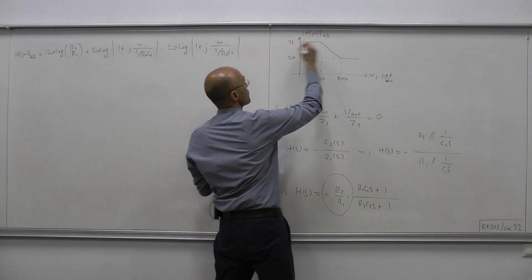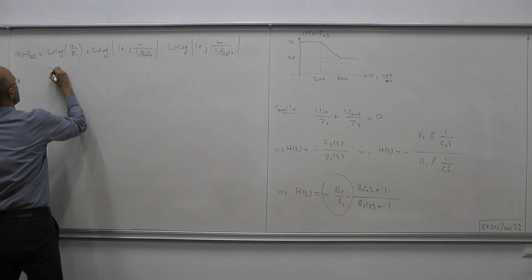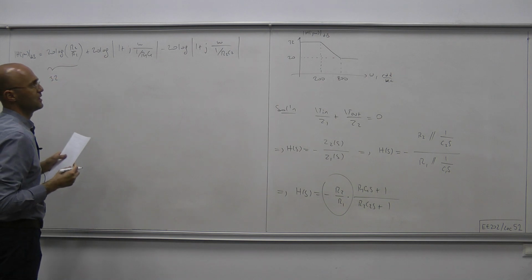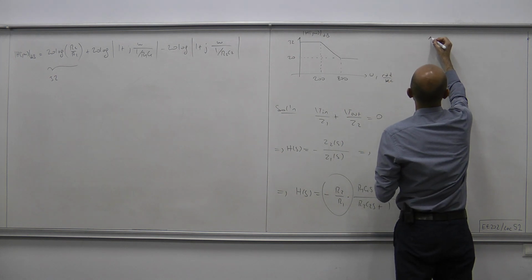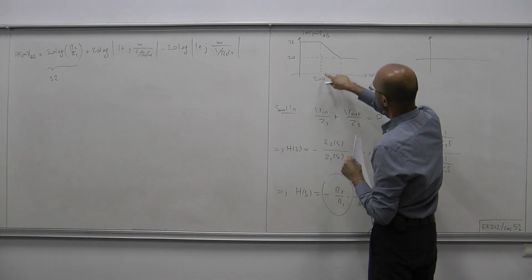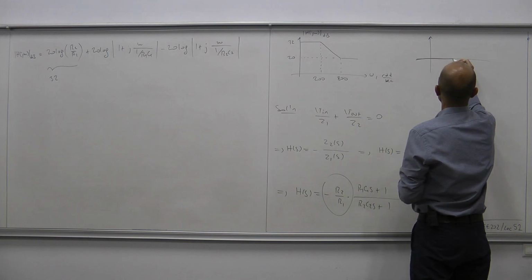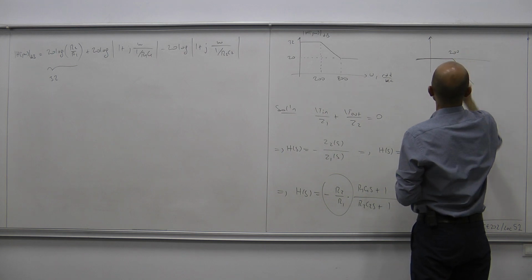First, we have a constant term at 32 dBs, and it's produced by this guy here. So this must be 32 dBs, and then we have a first order term that becomes active at 200 radians per second.